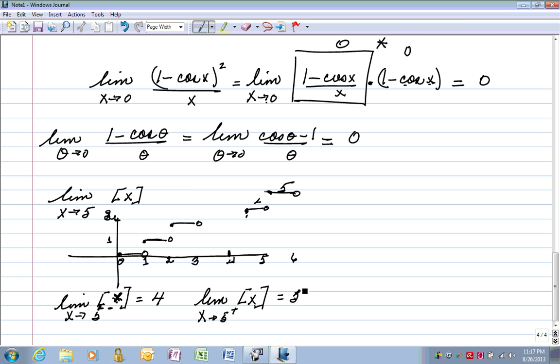So, the greatest integer is a step function. If you answer the question, you put D and E here, but from the left it's 4 and from the right it's 5 because it is truly a step function. You see it here as it travels from 0 to 1. 1 to the left is 0, 1 to the right is 1. 2 to the left side would be 1, 2 to the right side would be 2.